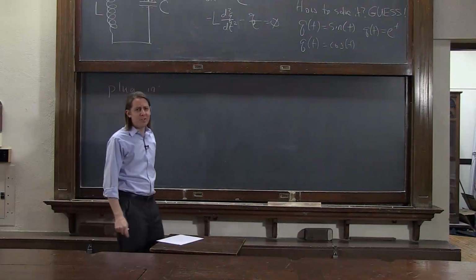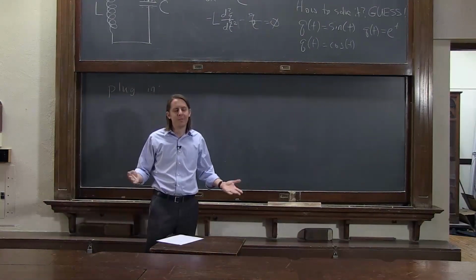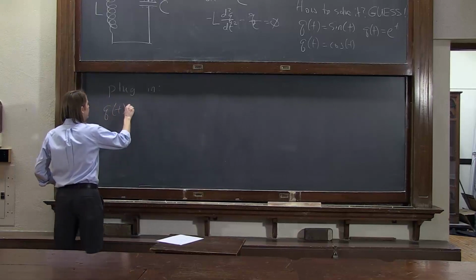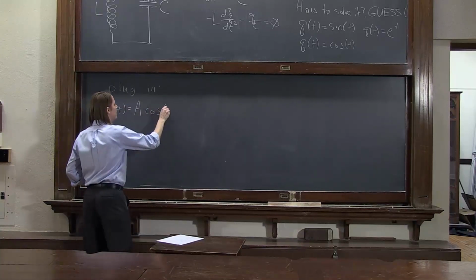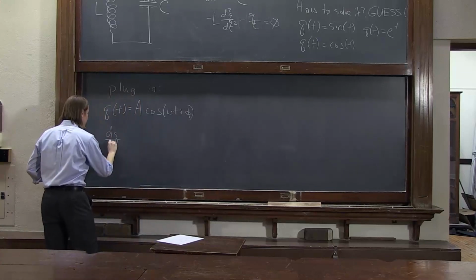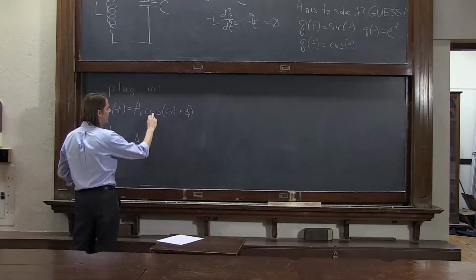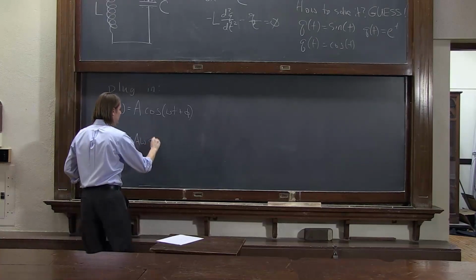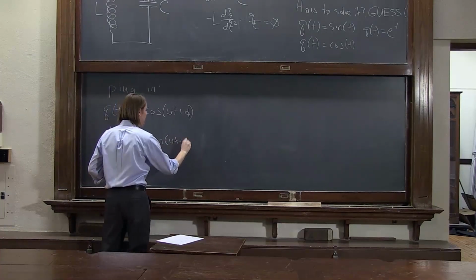And you're thinking, surely he's not going to do the cosine. I mean, we just did, no. You're obviously new to the course, because now we're going to do q of t equals A cosine(omega t plus phi). Therefore, dq/dt equals A, the derivative of cosine is negative sine, pull out an omega: minus A omega sine(omega t plus phi).